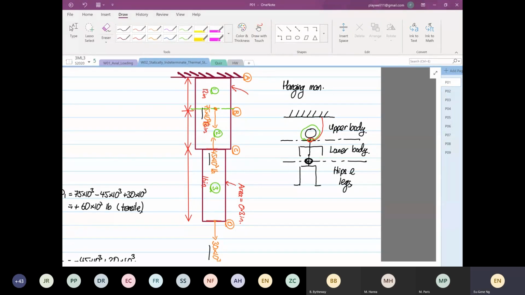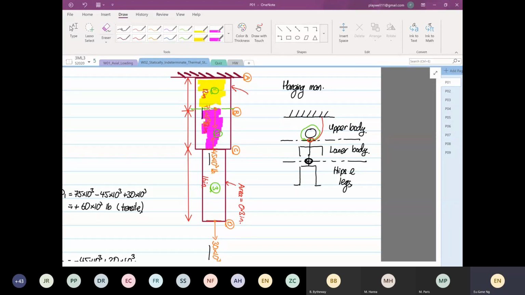So exactly where this comes in. In section 1, it can feel the 75, 45, and 30. In section 2, it can only feel the 45 and the 30.